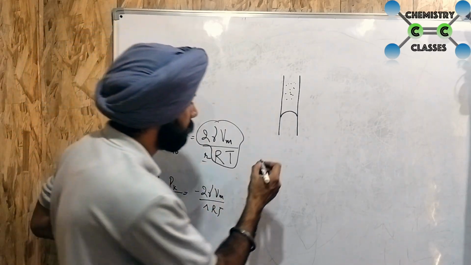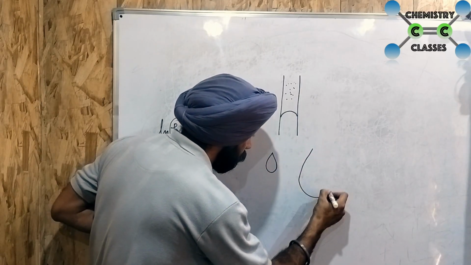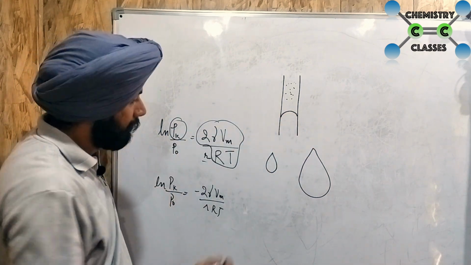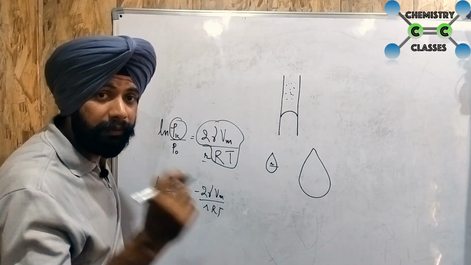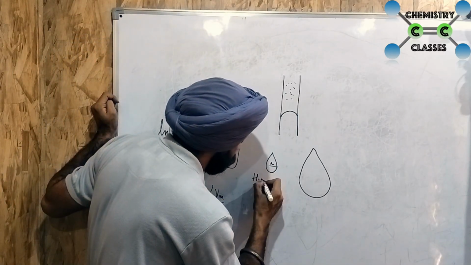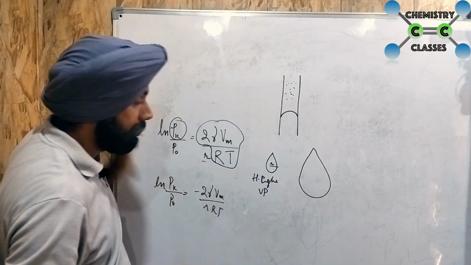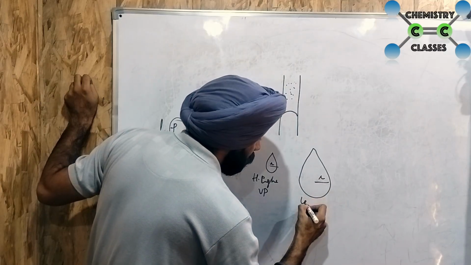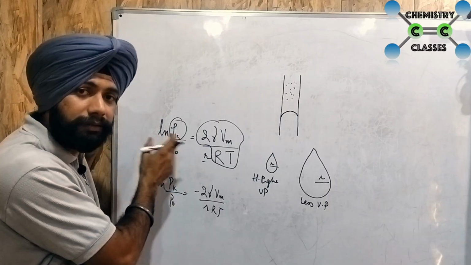So if we talk of a small drop and a larger drop, a smaller drop which has a lesser radius would have a higher vapor pressure, and a larger drop which has a larger radius will have a lesser vapor pressure. This is because there is an inverse relation between these.